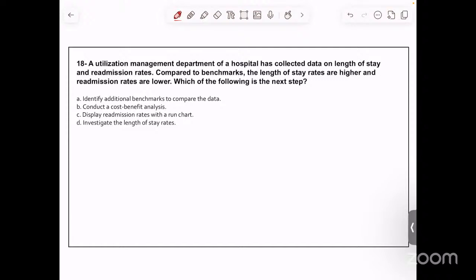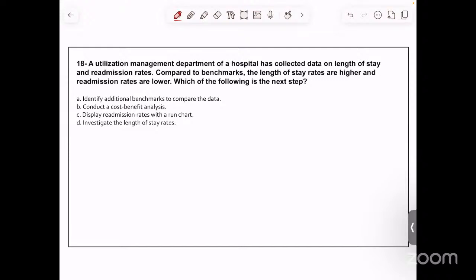Letter A, identify the additional benchmarks to compare the data. B, conduct a cost-benefit analysis. C, display readmission rates with a run chart. D, investigate the length of stay rates. What's your answer? Conduct a cost-benefit analysis. Okay.